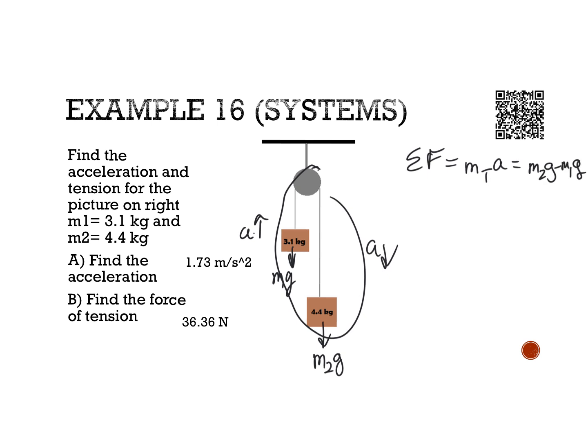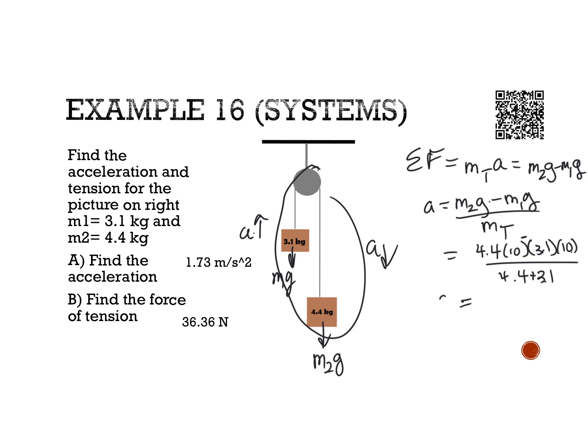So let's fill this all in. Our acceleration is going to equal mass 2g minus mass 1g divided by the total mass. So mass 2 is 4.4 times 10, minus 3.1 times 10, divided by 4.4 plus 3.1.